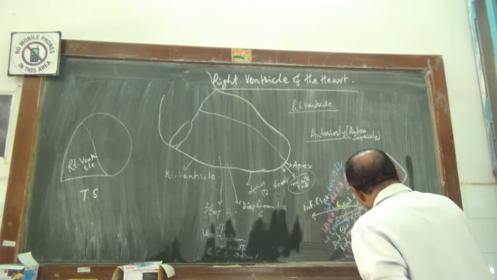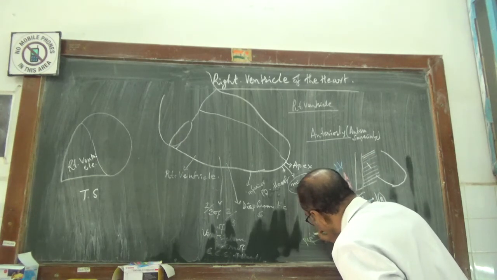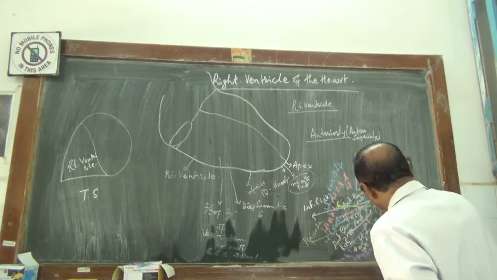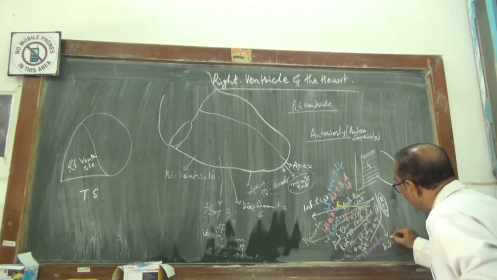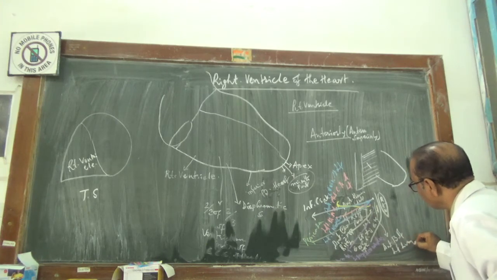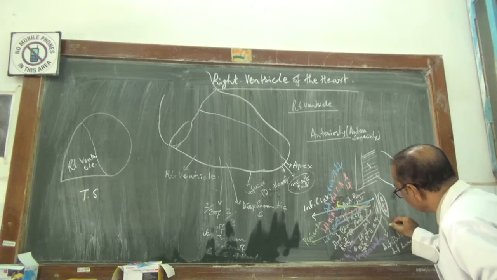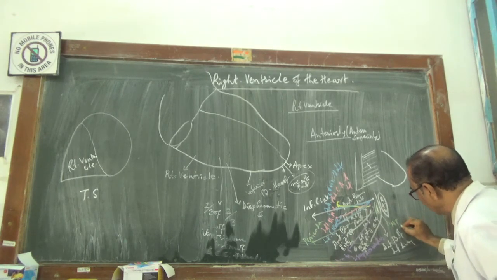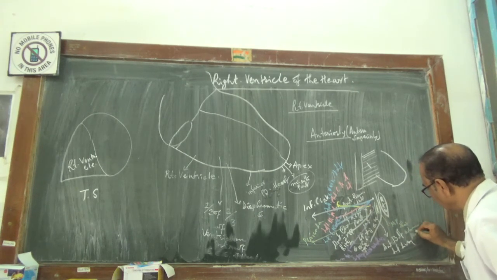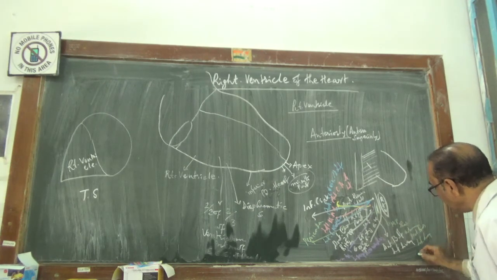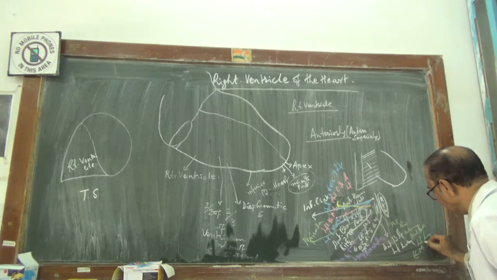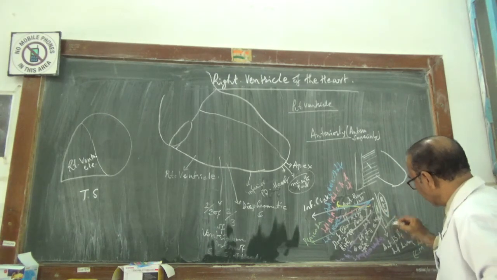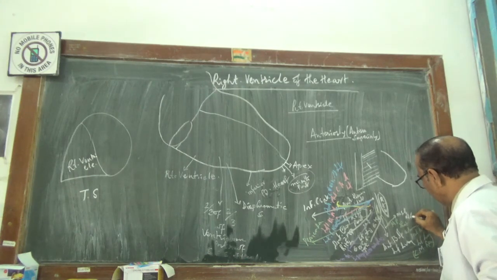Apart from that, it is related to the pericardium, which is separating it from the anterior border of the left lung and the mediastinal pleura that covers the anterior border of the left lung, and the mediastinal surface of the left lung.